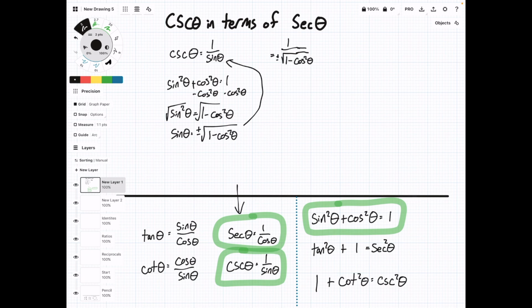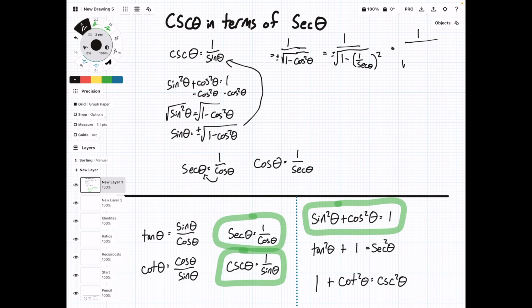Now we need to use this identity to figure out what cosine is in terms of secant. So secant theta equals 1 over cosine theta. We'll multiply this across and divide by secant. So cosine theta is equal to 1 over secant theta. Now we can plug this into here. When we do that, we get 1 over plus or minus the square root of 1 minus 1 over secant theta squared.